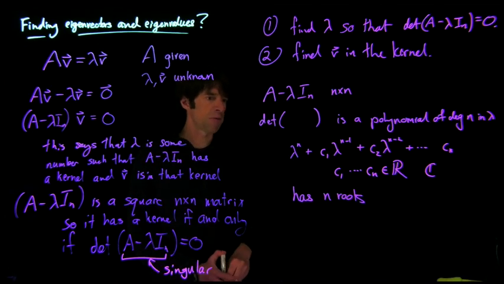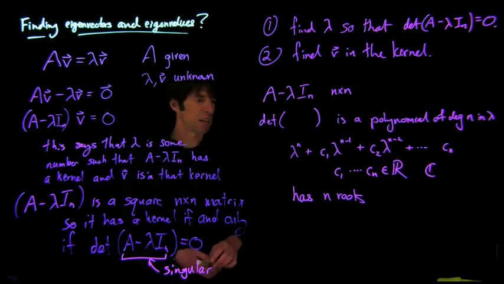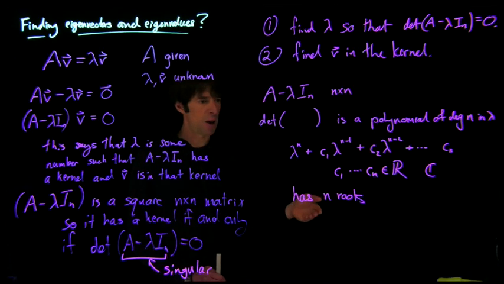For instance, if you have just lambda to the n equals 0, then that has 0 as a root of multiplicity n. If you have lambda minus 1 to the nth power, then that has 1 as a root of multiplicity n.